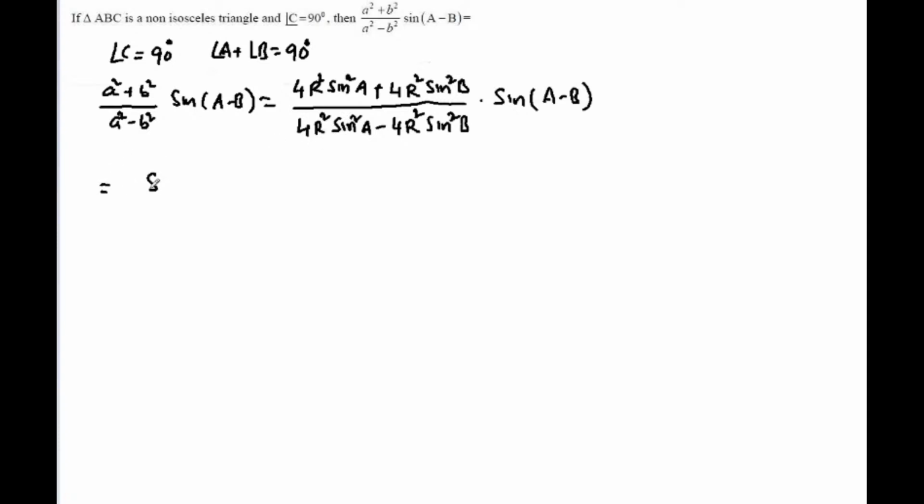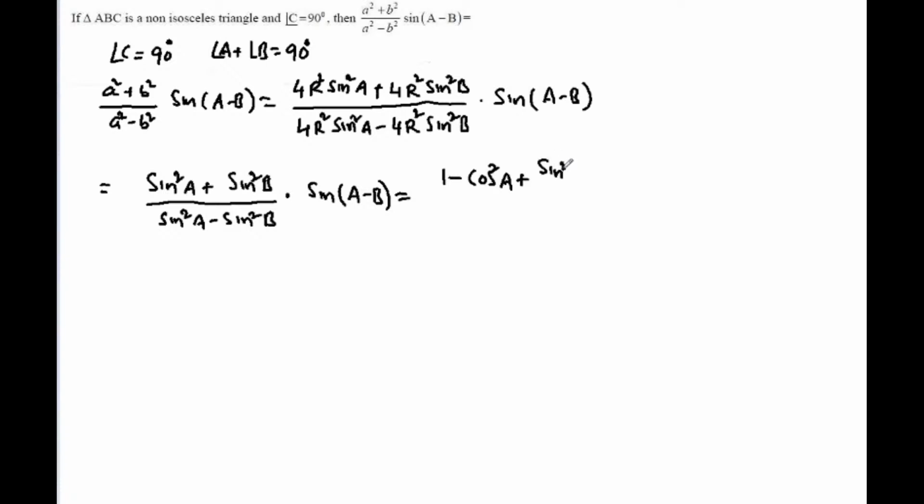From this, (sin²A + sin²B)/(sin²A − sin²B) × sin(A − B). Here sin²A is written as 1 − cos²A, plus sin²B, divided by sin²A − sin²B, that is sin(A + B) × sin(A − B), times sin(A − B).